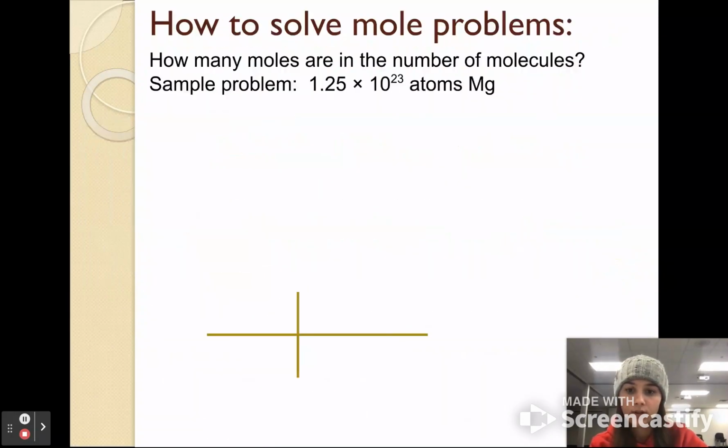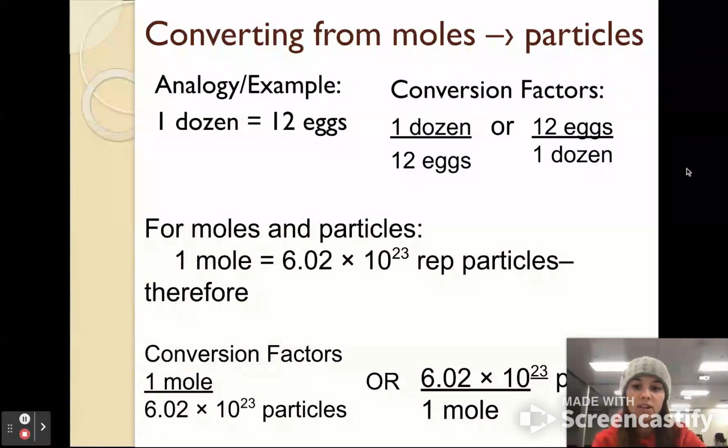Awesome. There we go. So here's how we're going to do this. You're going to convert from moles to particles. Very fun. Just like 1 dozen equals 12 eggs, it's really the same thing, they just have big words. So for moles and particles, remember 1 mole equals 6.02 times 10 to the 23rd particles. Therefore, write down these conversion factors.